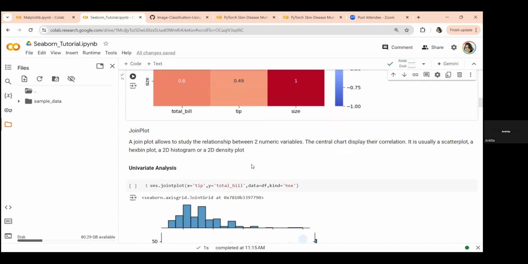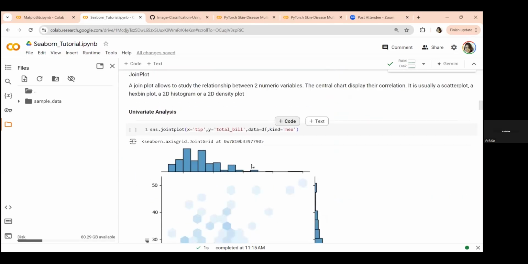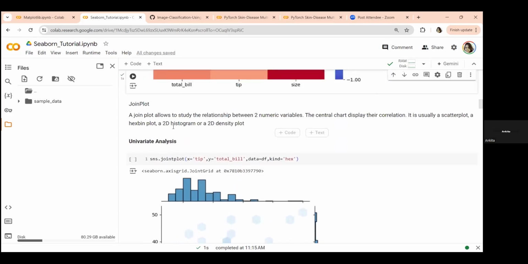We already discussed univariate analysis and bivariate analysis. Univariate analysis basically means we have a maximum of two independent features in our dataset; that relationship is called univariate analysis. For representing the univariate analysis, we need the joint plot.